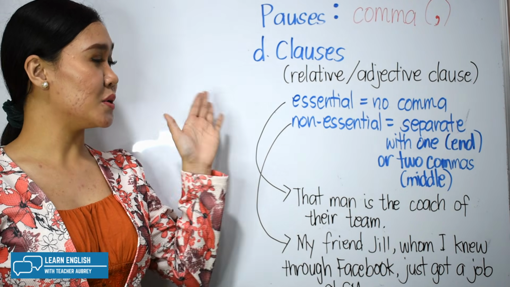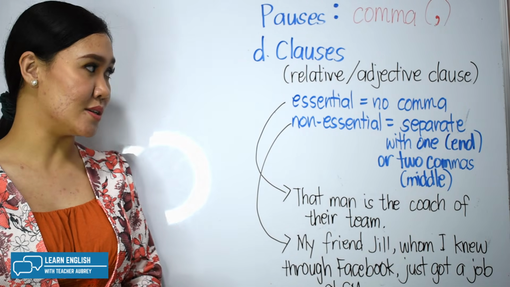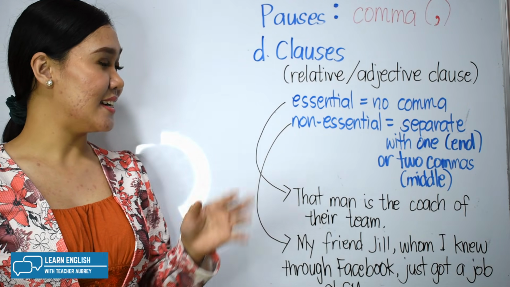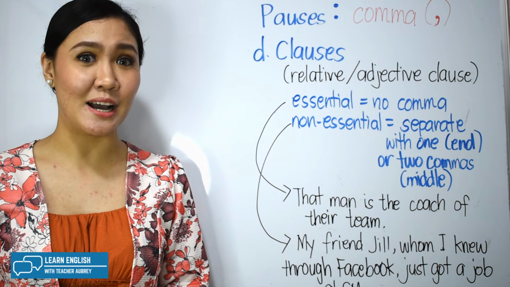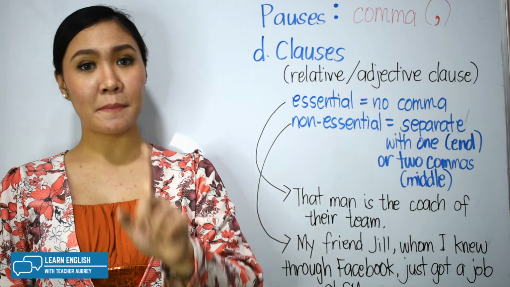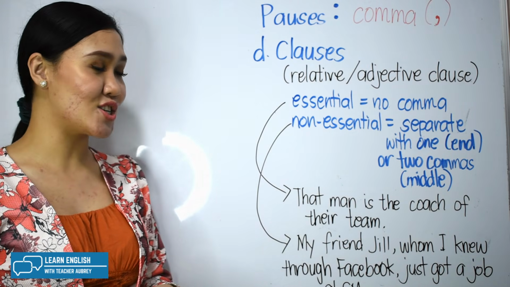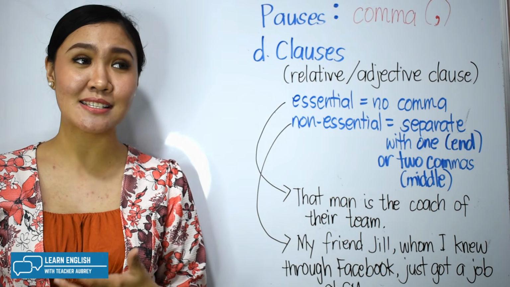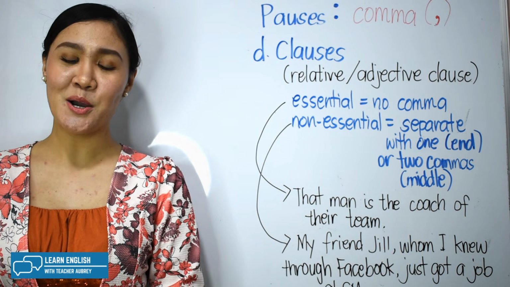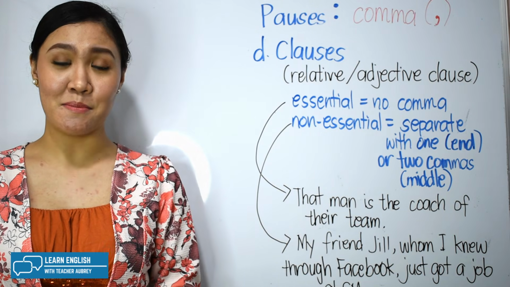May tinatawag tayong essential clause at may tinatawag rin tayong non-essential clause. Kung ang clause ay essential, or in Filipino, mahalaga, hindi pwedeng mawala, hindi natin ginagamitan ng comma. Pero kapag ang clause ay tinuturing na nating non-essential, sila yung kahit alisin natin, buo pa rin yung kaisipan ng pangungusap, ginagamitan na sila ng comma.